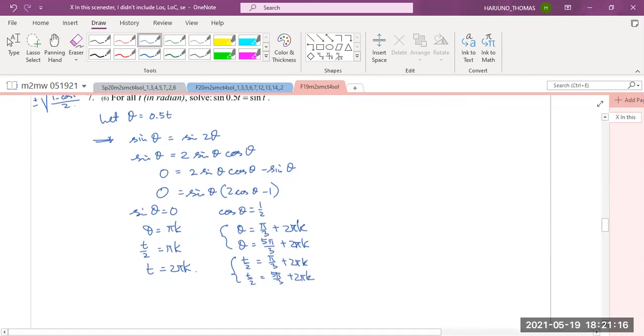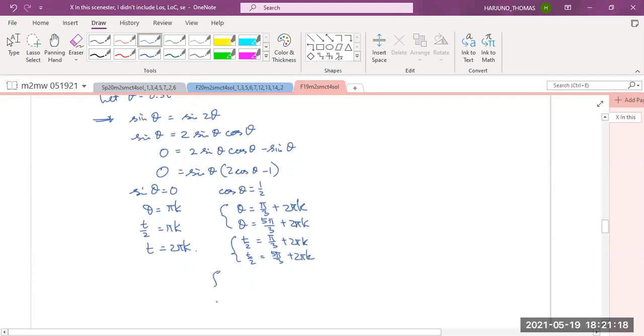So t will be 2 pi over 3 plus 4 pi k, or 10 pi over 3 plus 4 pi k. Do not change that 10 pi over 3 to 4 pi over 3, even though they are coterminal.